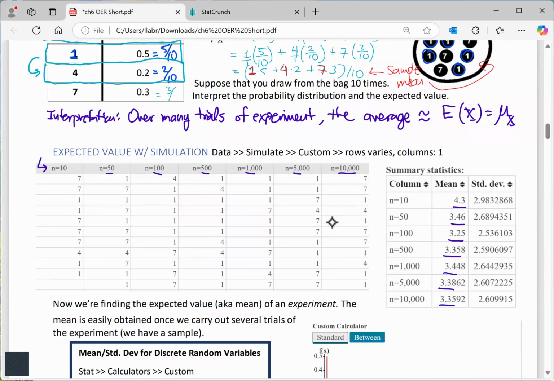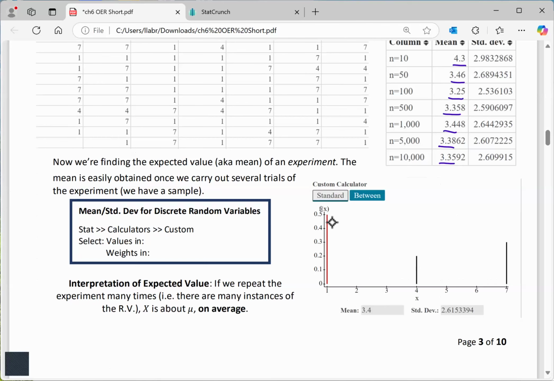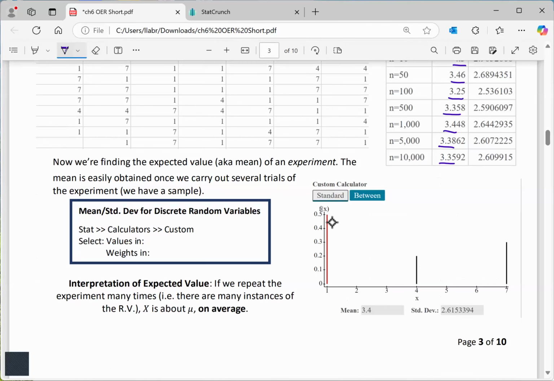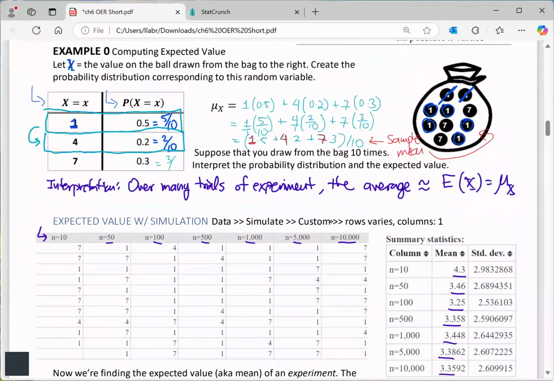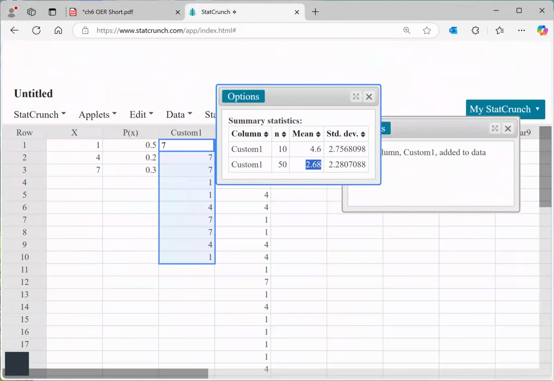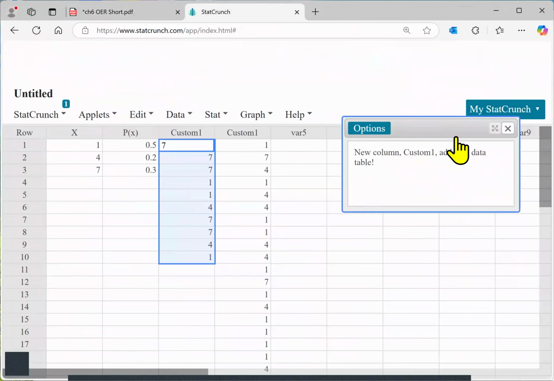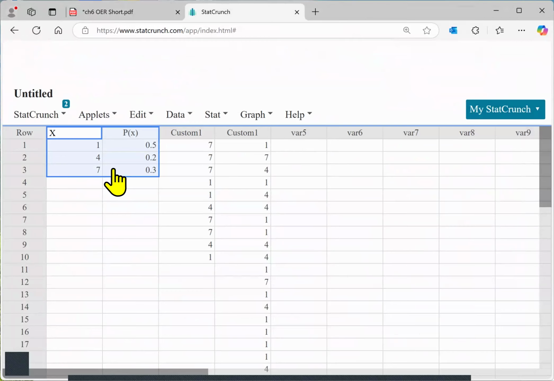All right, now the way we actually compute this is very easy in StatCrunch. So this is how you actually compute it. So we'll compute mu of x and sigma of x, the standard deviation, using StatCrunch. And it's very easy. You got to type in your distribution, same thing that we did here. So you just need this x and p of x.